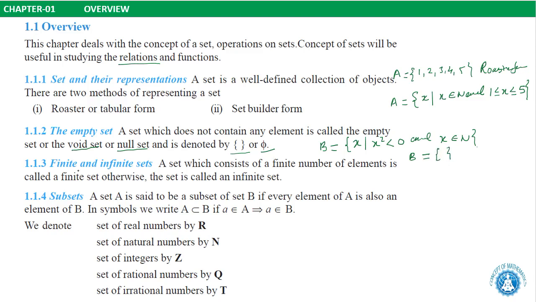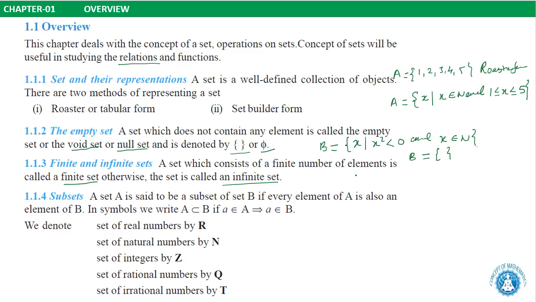Okay. Finite and infinite sets. A set which consists of a finite number of elements is called a finite set. Otherwise the set is called an infinite set. Finite means we can count its elements, or the set whose elements are countable.